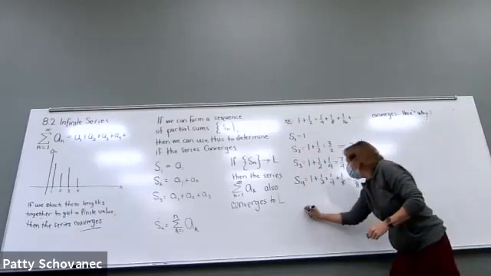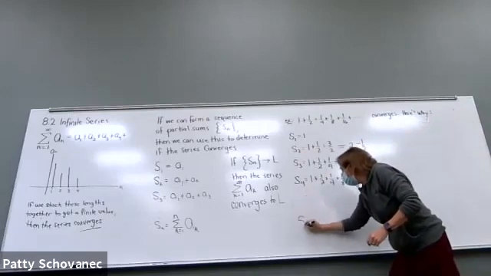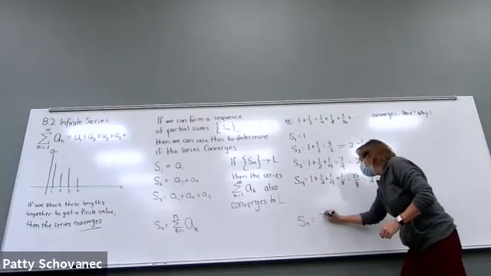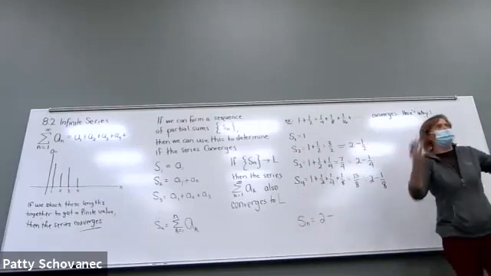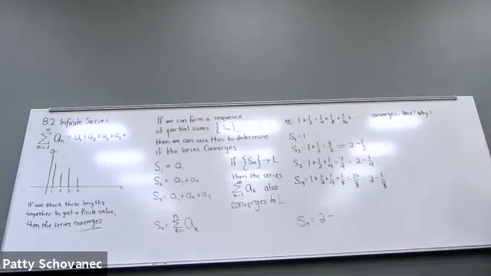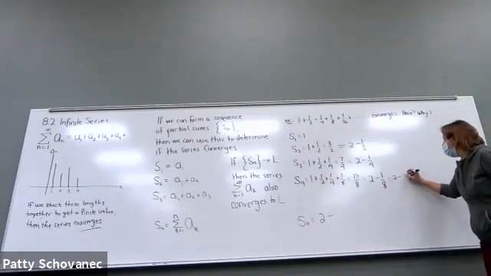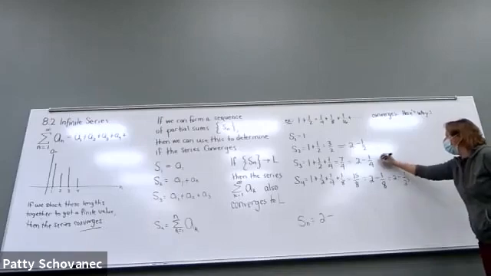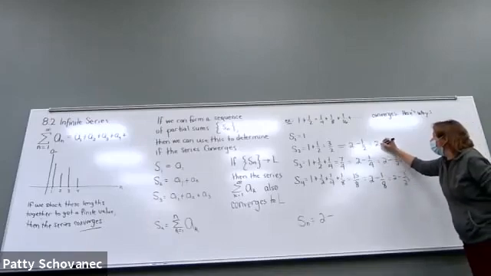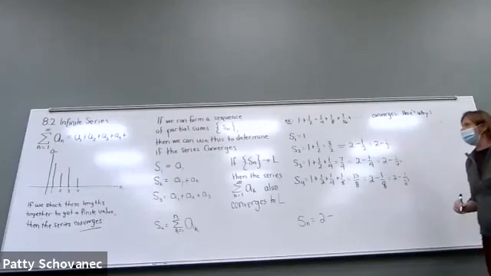What do you think it looks like in general? 2 minus what? This is 2 minus 1/2 cubed. This is 2 minus 1/2 squared. And this is 2 minus 1/2 to the first.